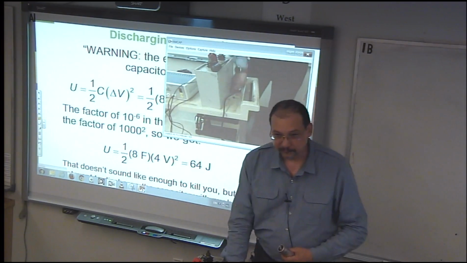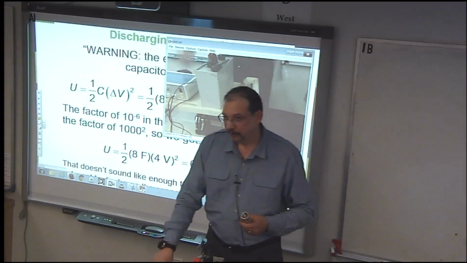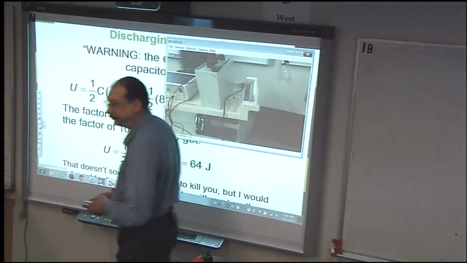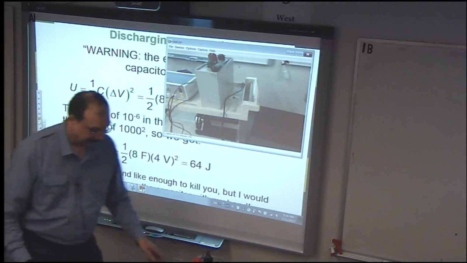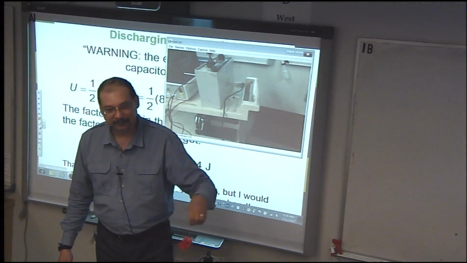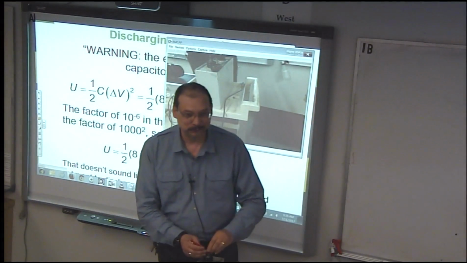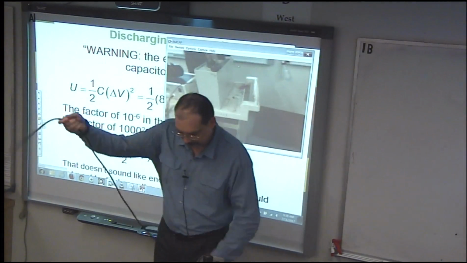And this is just 9 volts. Already gives a spark. Now I want to use 5,000 volts. What do you expect to happen? Why do you think I have this? I will tell you when you should cover your ears.